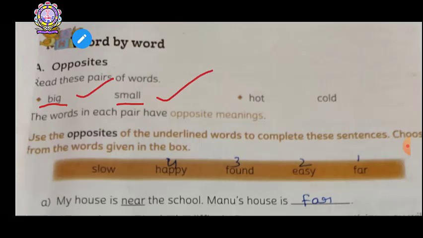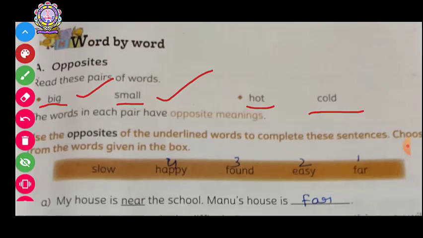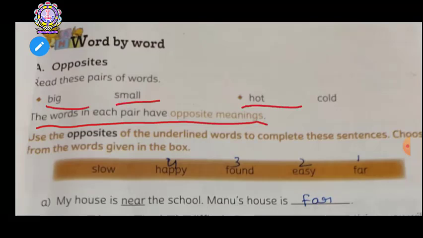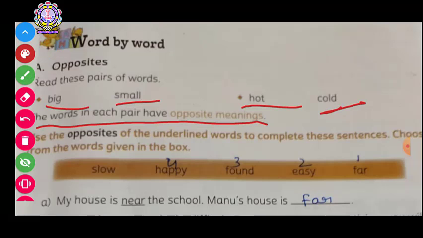Big means large, small means tiny. So by seeing these pairs we can see that these are the opposites of each other. Now what is next? The words in each pair have opposite meaning. I've told you that the words in each pair have the opposite meaning, isn't it?